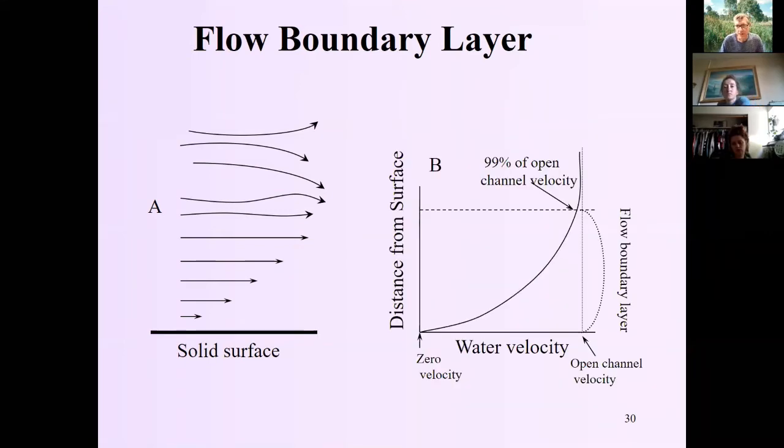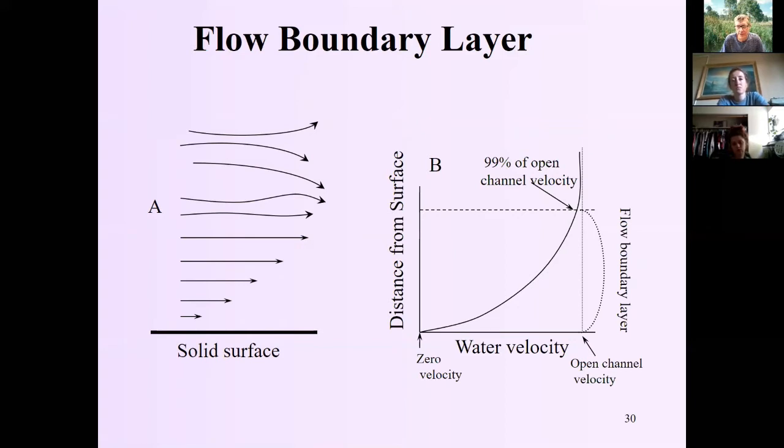And so this gives rise to the idea of the flow boundary layer. And essentially it's an idea of where the flow is laminar and where you're at 99% of the open channel velocity. And we see this logarithmic decrease in flow, water velocity, as we get closer and closer to the surface.